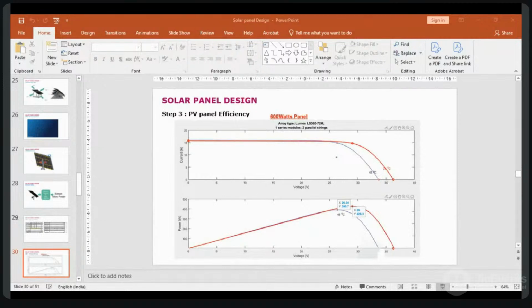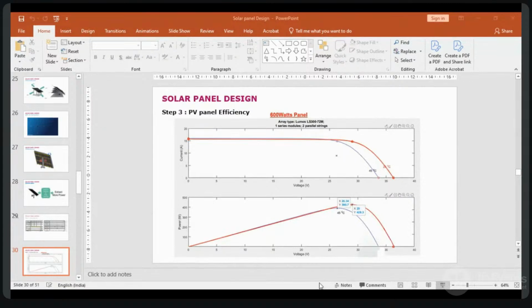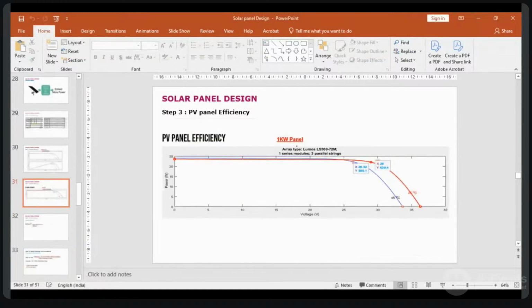Now we increase the panel capacity to a 1 kilowatt panel. Why? Because we need our daily load of 600. Earlier, with a 600 watt panel, we were lagging by 180. Now with the 1 kilowatt panel we can generate 630.